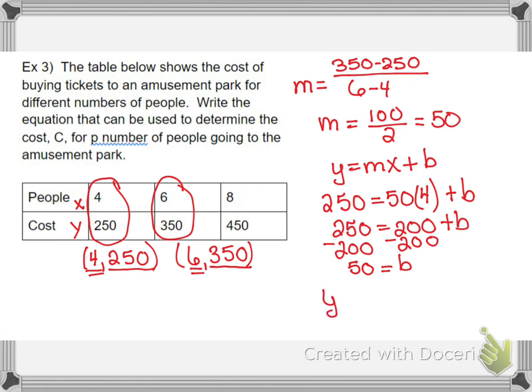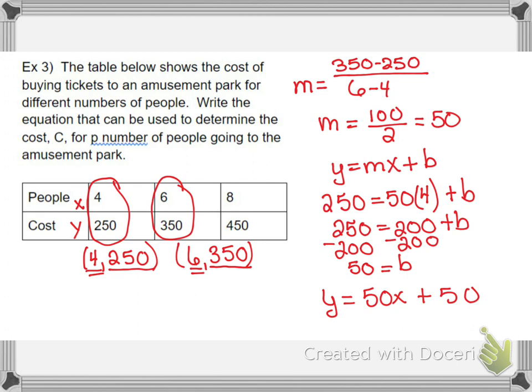So we get y is equal to 50x plus 50. Now, I used the variables x and y, but the question actually asks for you to determine the cost C for the number P of people going.